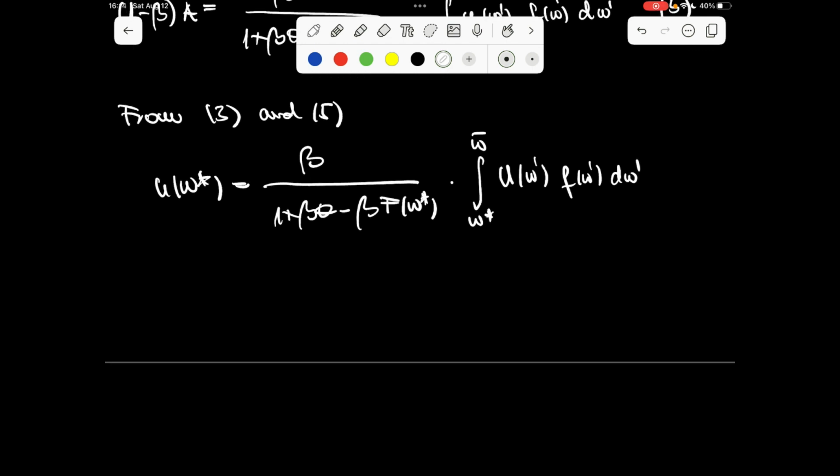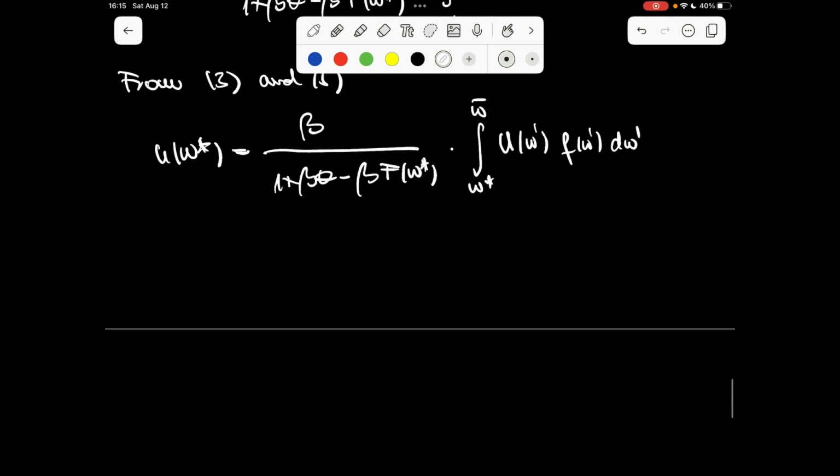We need to find a way to solve this equation to the reservation wage, and this is a very beautiful solution, so let me show you some details.